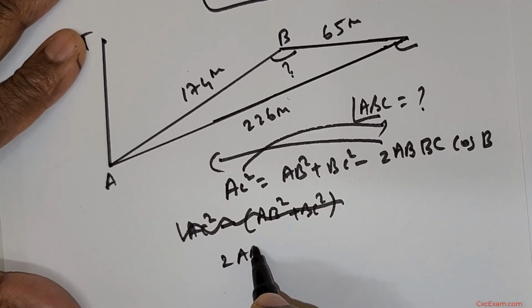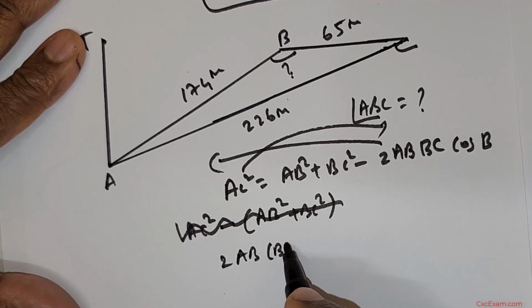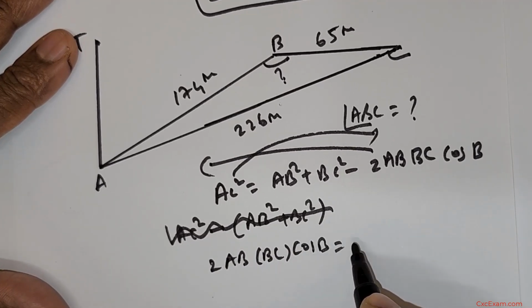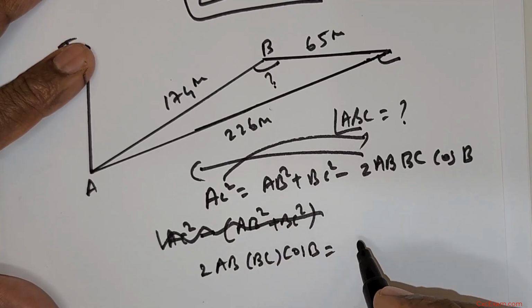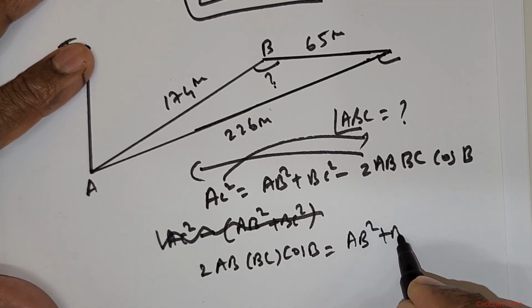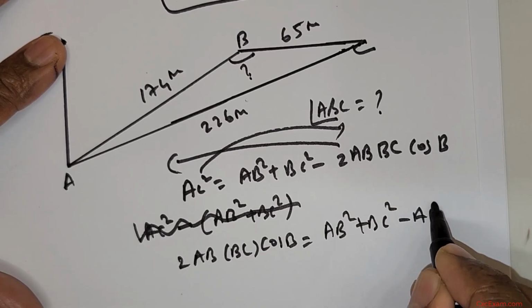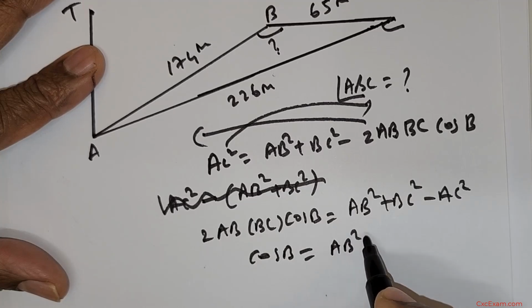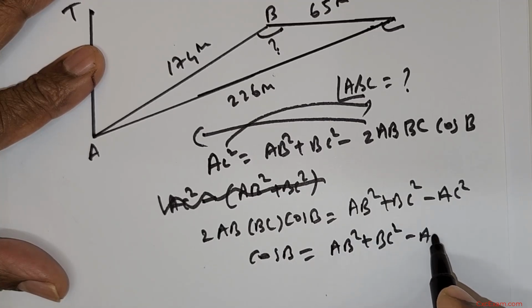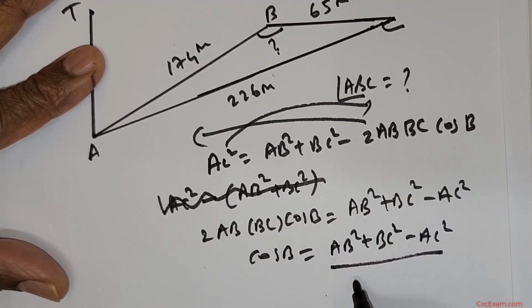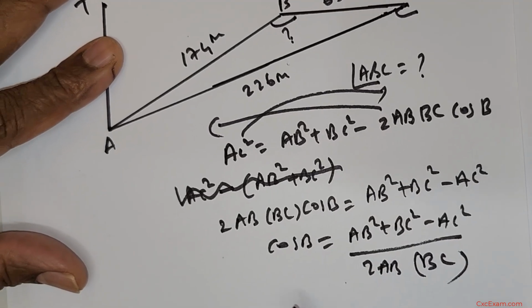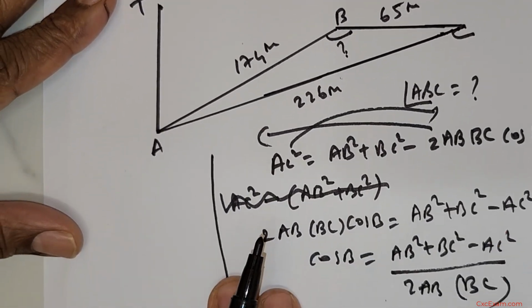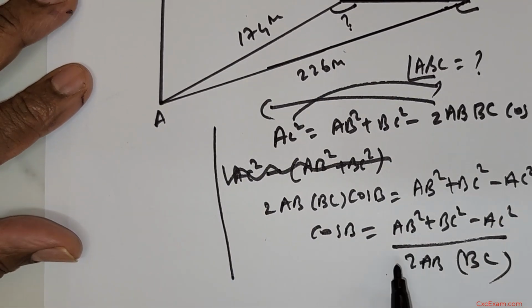So 2 times AB times BC times cos B is equal to AB squared plus BC squared minus AC squared. I need cos B, so cos B is equal to AB squared plus BC squared minus AC squared divided by 2 times AB times BC. So I'm going to use this. I hope you got the point.